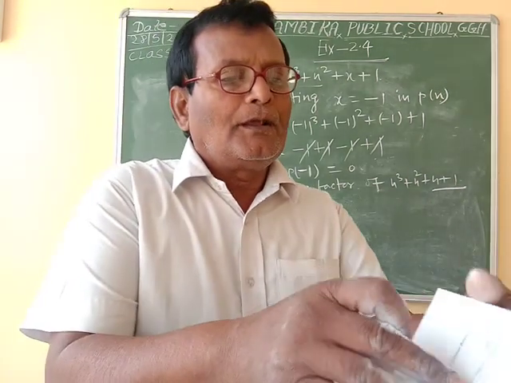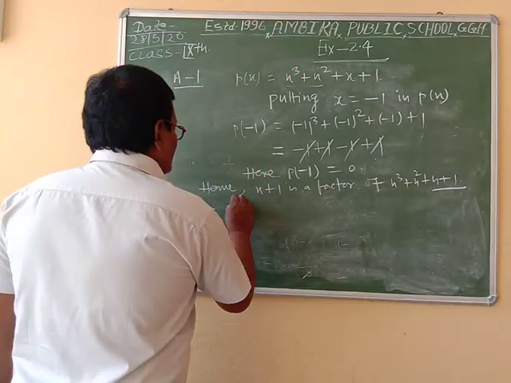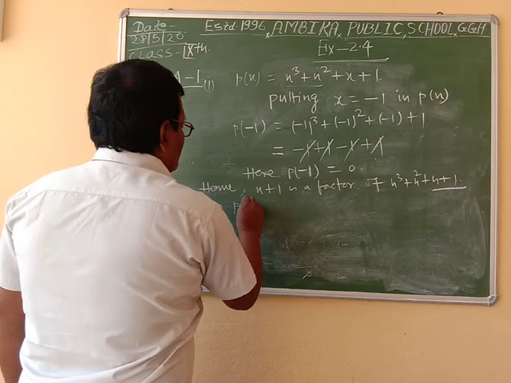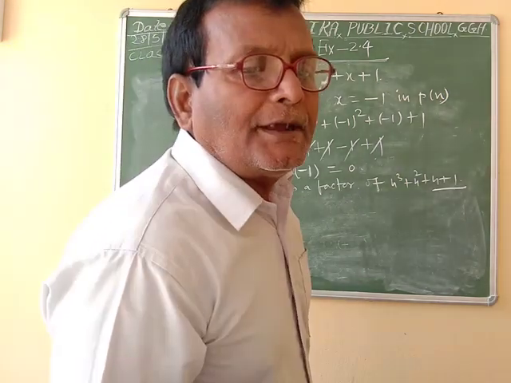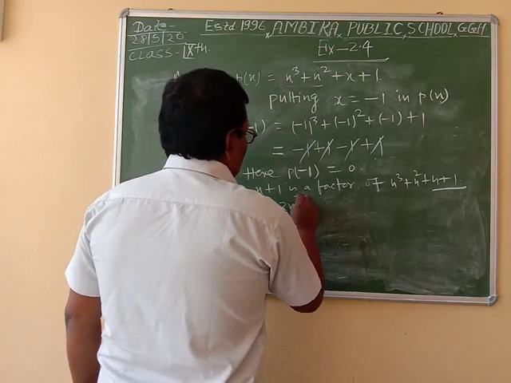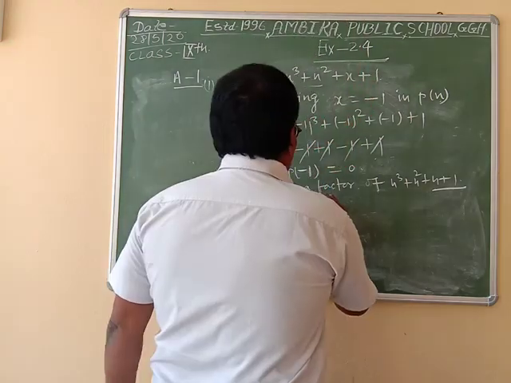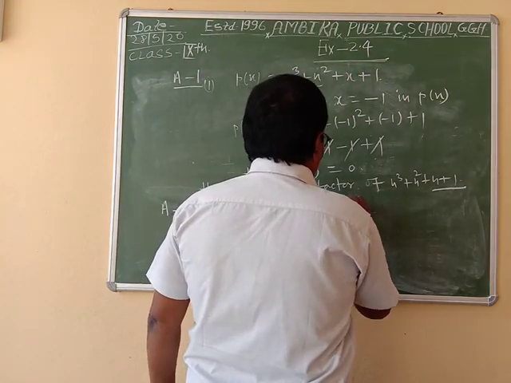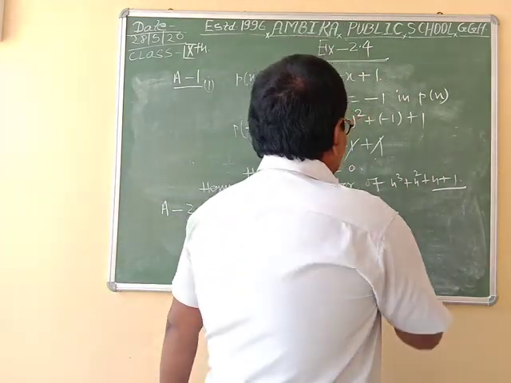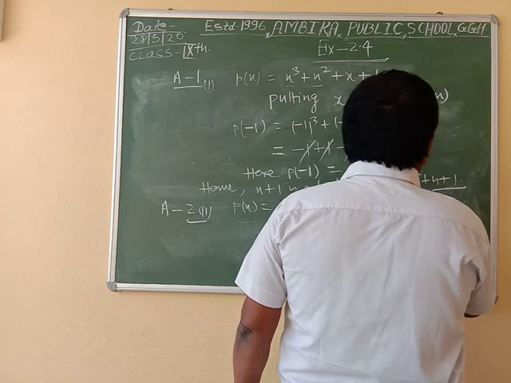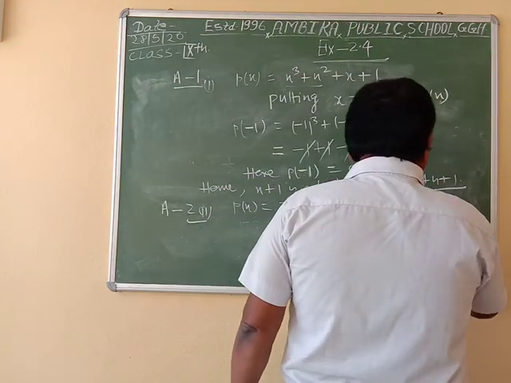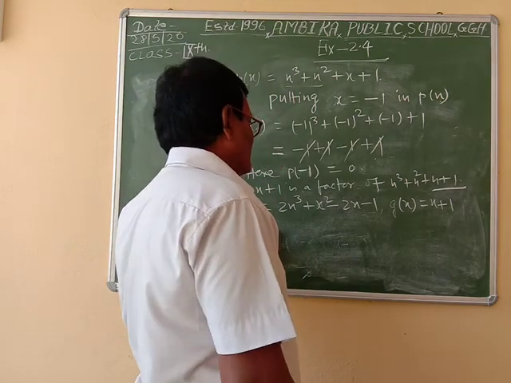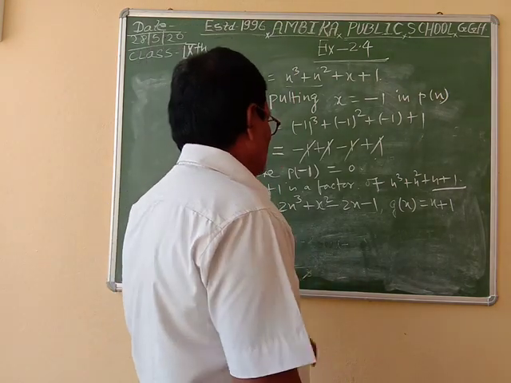In question number 2, px is equal to 2x cube plus x square minus 2x minus 1 and gx is equal to x plus 1. gx will be a factor of px if p of minus 1 is equal to 0.